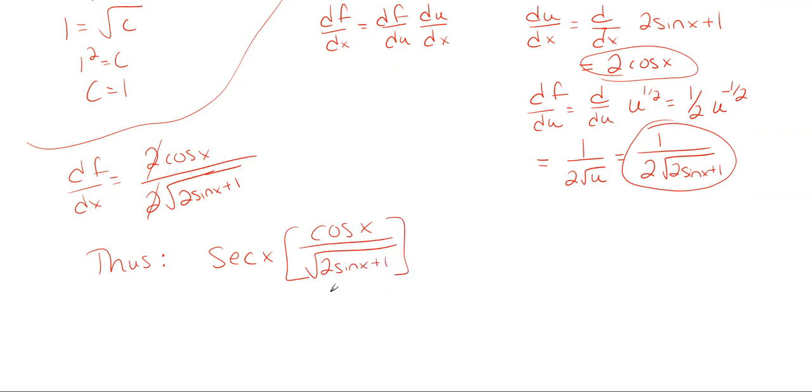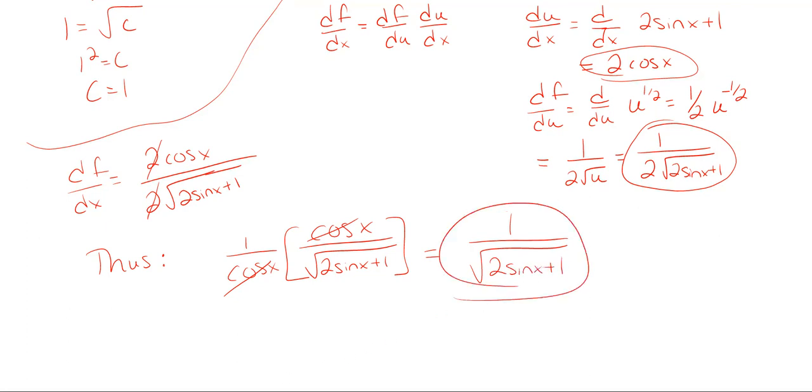Do you remember what the secant of x is? The secant of x is 1 over cosine of x. So the cosines of x will cancel. Thus, we are left with 1 over the square root of 2 sine of x plus 1 as our final portion when we take that full derivative multiplied by the secant of x.